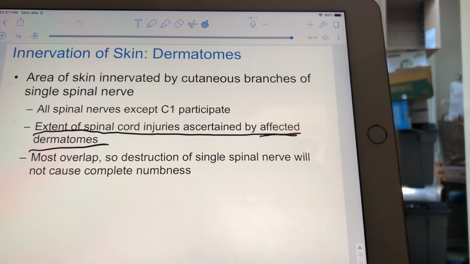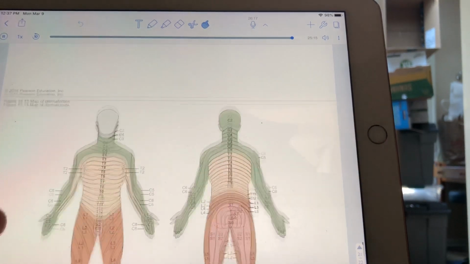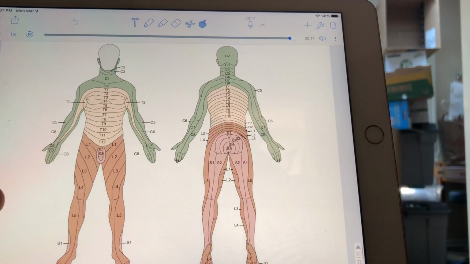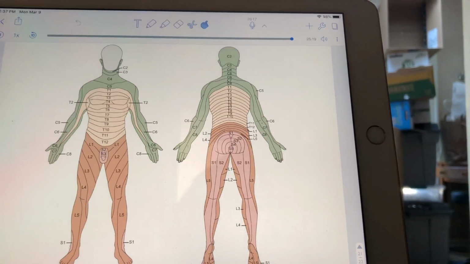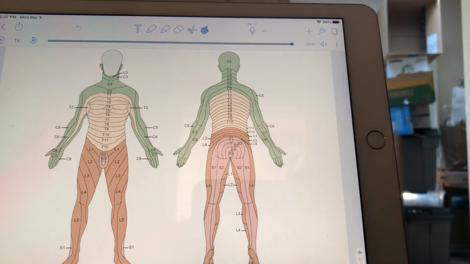So if we look on slide 21, this is sort of like a map or a figure of the different dermatomes, okay, where the green depict the dermatomes sort of served by the cervical plexus, the kind of pink on the mostly rear end represent the dermatomes served by the sacral plexus.